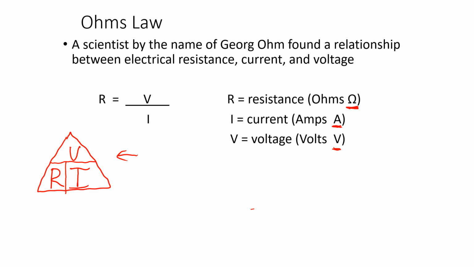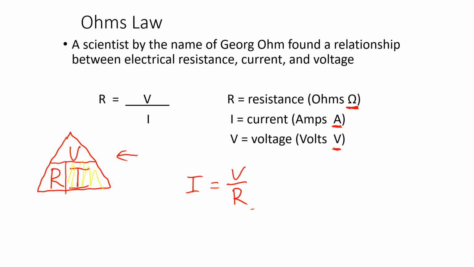If you want to know what current looks like, put your finger over this portion of your pyramid, and current equals voltage over resistance. So let's write that in there.